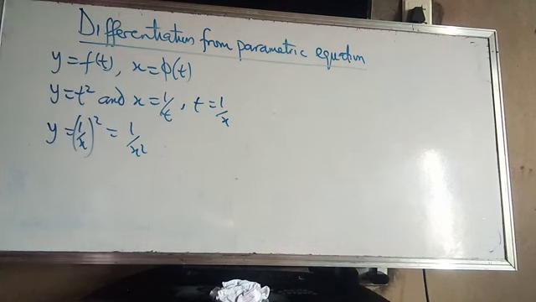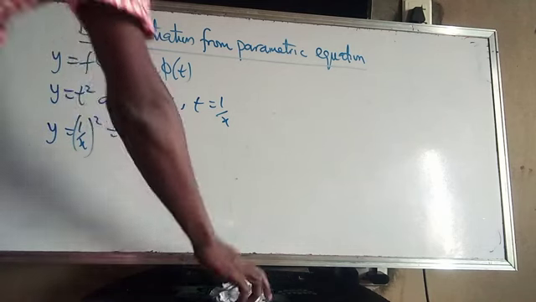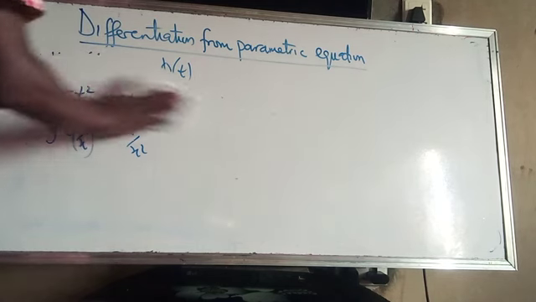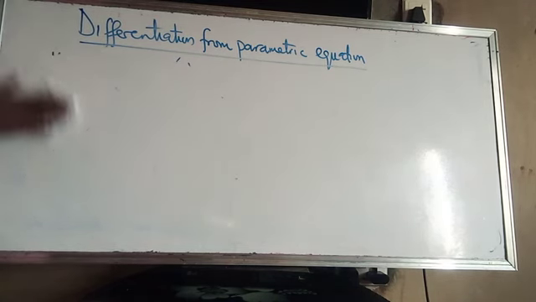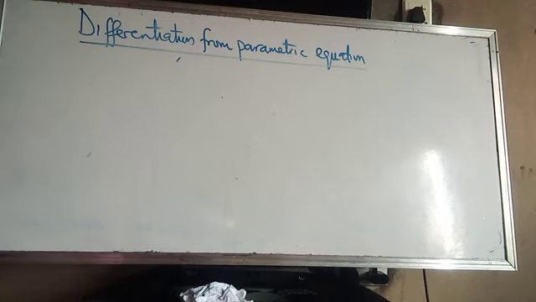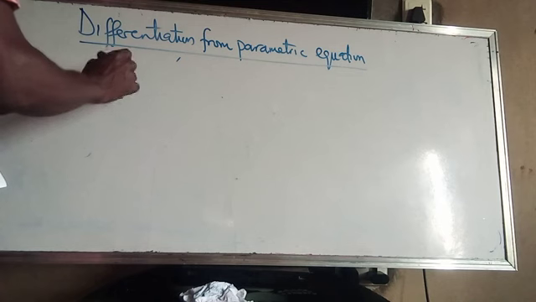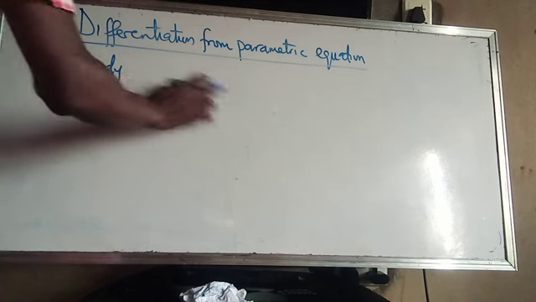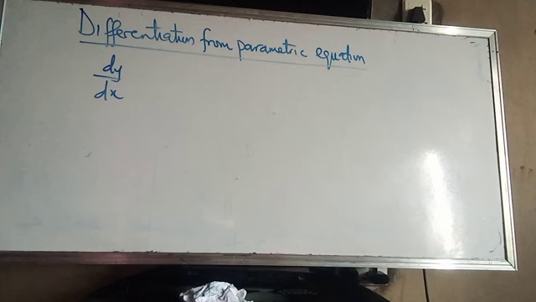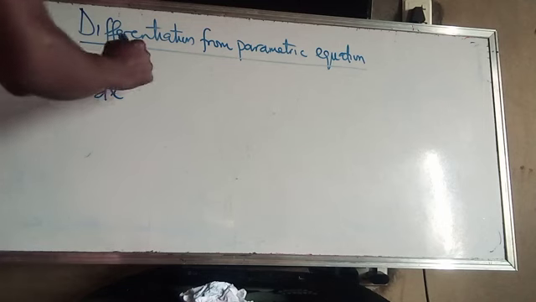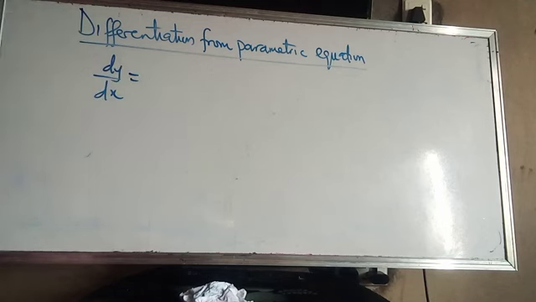But it's not always easy to substitute directly like that. So what do we do? Now we are going to find the relationship between x and y with respect to t. So now let's say that we have dy/dx. We always find the derivative of y with respect to x using a function of a function, while the other one will involve a direct product.